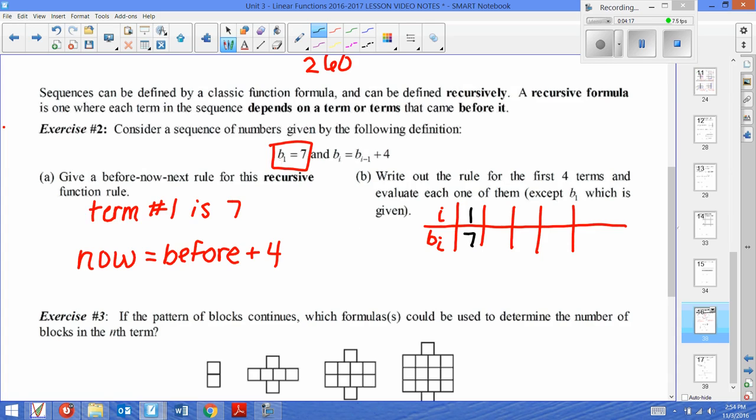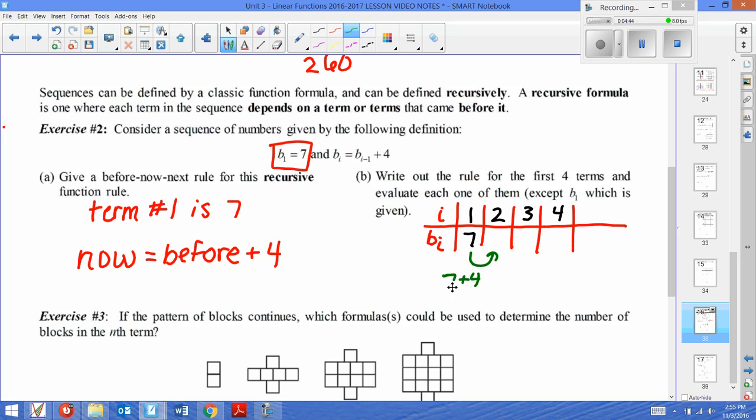They told us what our first term was, and they want us to do this with the first 4 terms. So they told us that term number 1 is 7. Well, thank goodness, because don't we always need a starting point? And we only have to do the first 4 terms: 1, 2, 3, 4. Okay, so how do I get to the next term? Well, this is where the before, now, next rule comes into play. My now is equal to the before plus 4. So we're just adding 4.